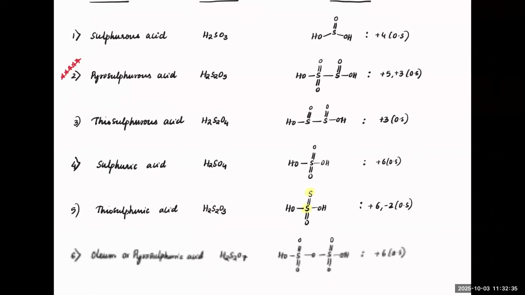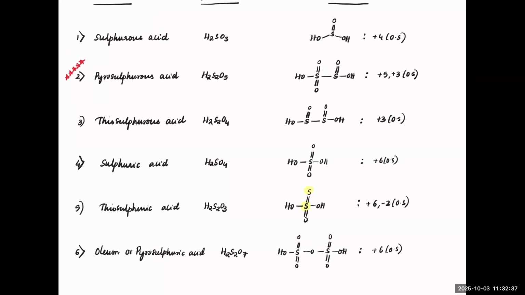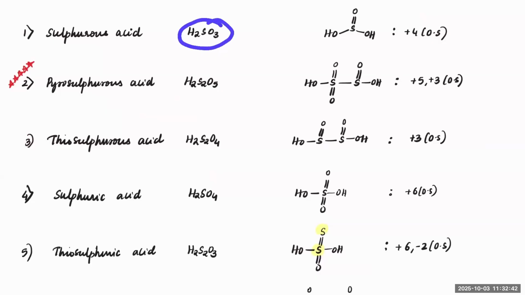Sulfur mainly has these six oxo acids, starting with sulfurous acid. In the case of sulfur, or group 16, we usually take it this way: anything up to +4 is an -ous acid, and +5 and +6 is an -ic acid.